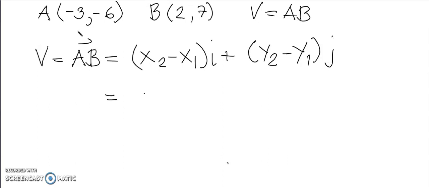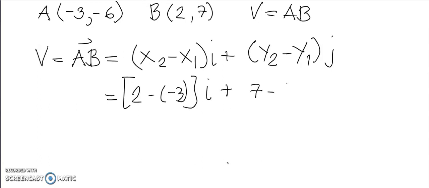So therefore we have 2 minus negative 3, times i, plus 7 minus negative 6, times j.